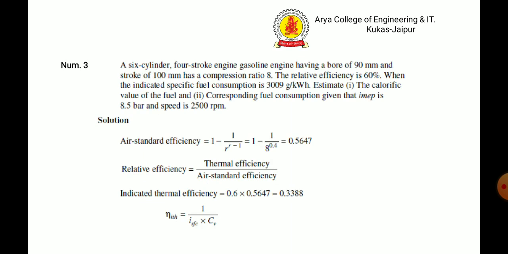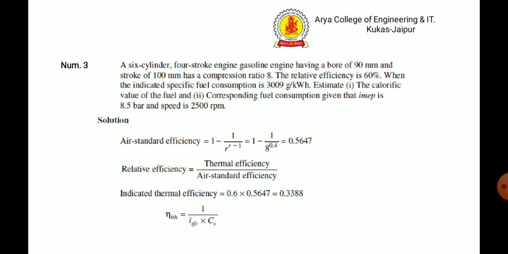Third numerical, which is based on a 6-cylinder 4-stroke gasoline engine having a bore of 90 mm, means diameter, and a stroke of 100 mm, that is stroke length, and a compression ratio, small r, equal to 8, and relative efficiency is 60%.